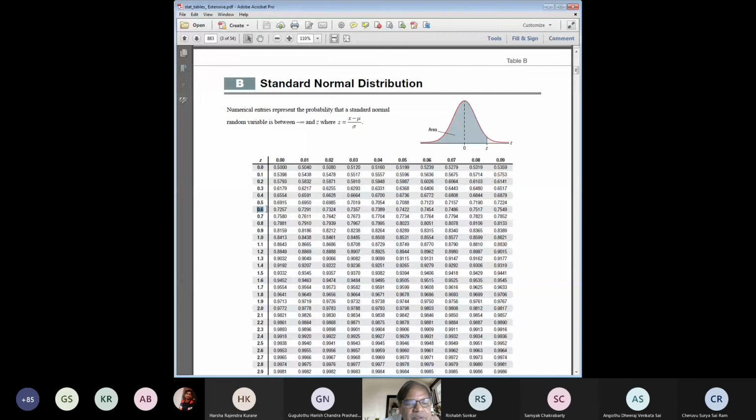Then another second decimal you will choose from here, 0.06. Now corresponding to this row you come. So here this value 0.7454 will give you the area from minus infinity to 0.66, the point which lies on this side. So this value we have got from the table.